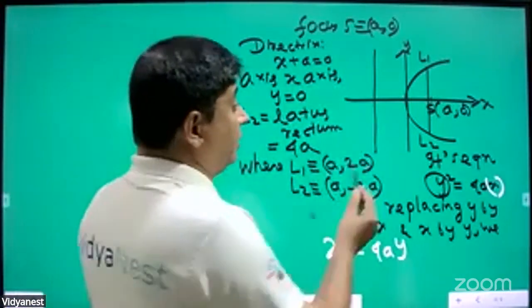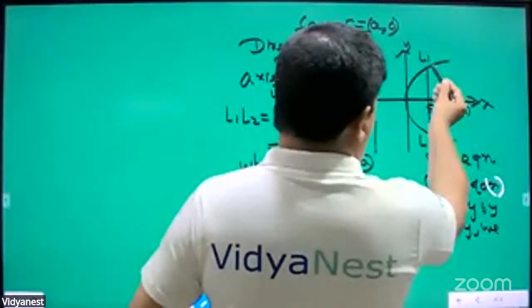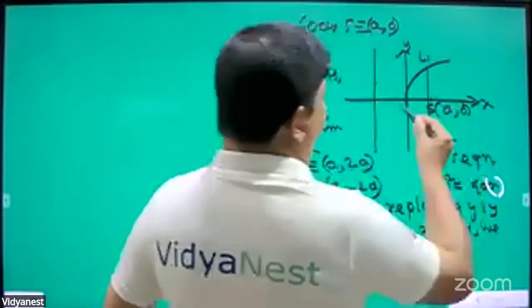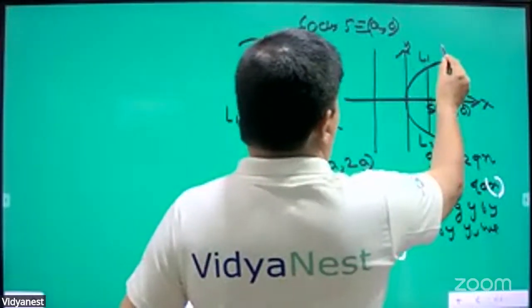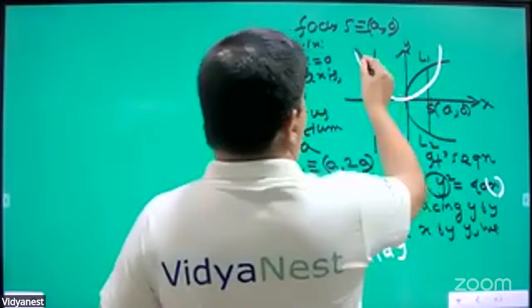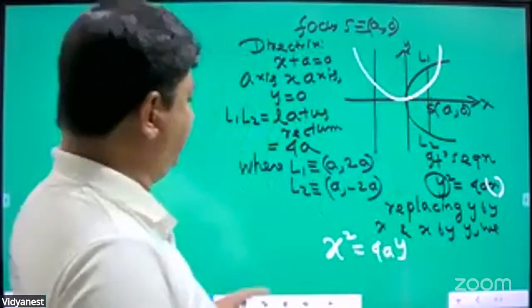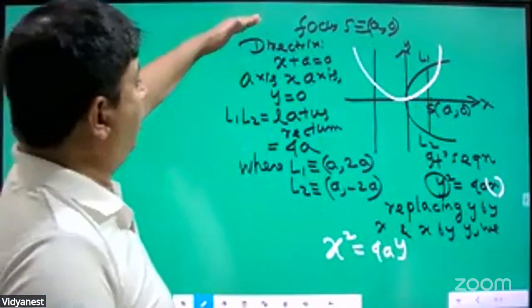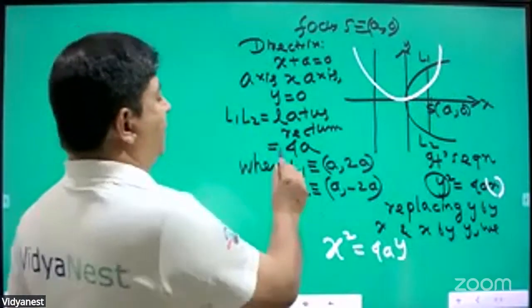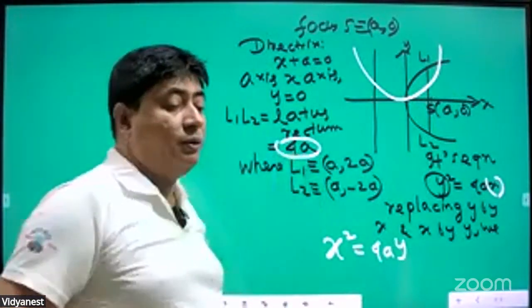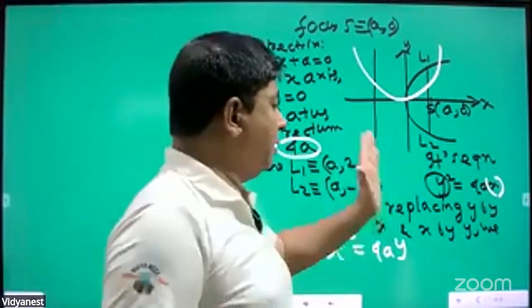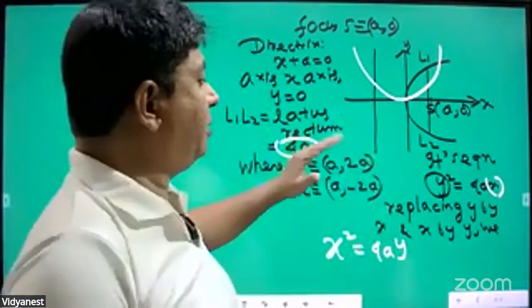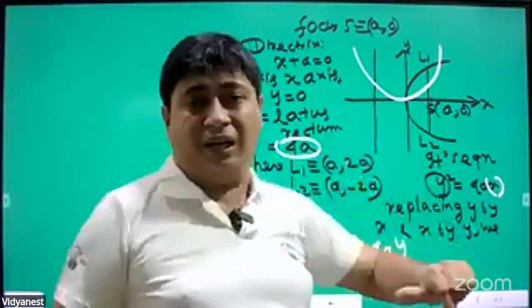How? Now here you see the parabola was bent with respect to x-axis. Now it will be with respect to y-axis. So all formulas but only the length will be reversed. See, this is called the replacement of x by y and y by x.